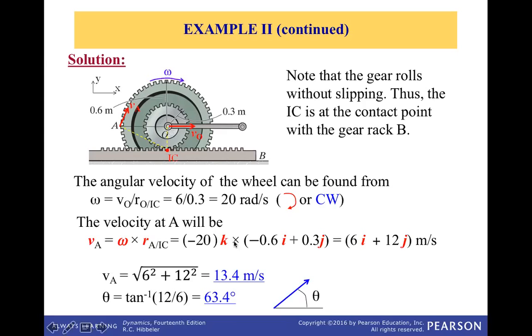K cross i gives j. So that means 12j. Then minus 20k cross 0.3j gives you minus 6, but k cross j gives you minus i, so then it's positive 6i. So 6i plus 12j. Then you can determine the directions over there.